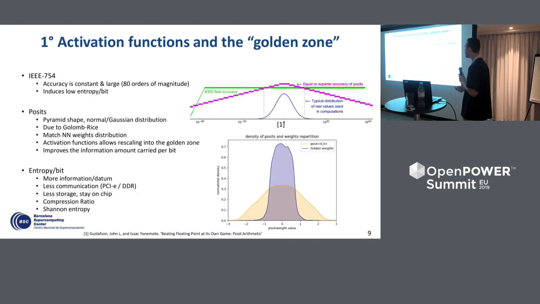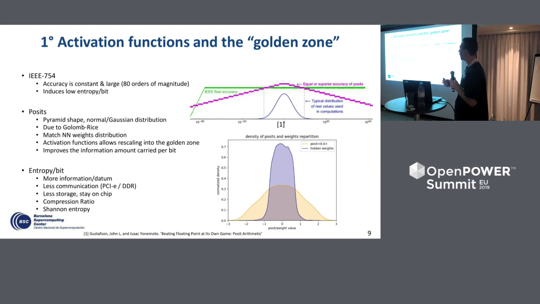So the first reason Posit is good for AI: they have this so-called golden zone. Firstly, the IEEE floating point, as you can see in the green line, has a very constant and very large accuracy over 8 decades for the single precision one.